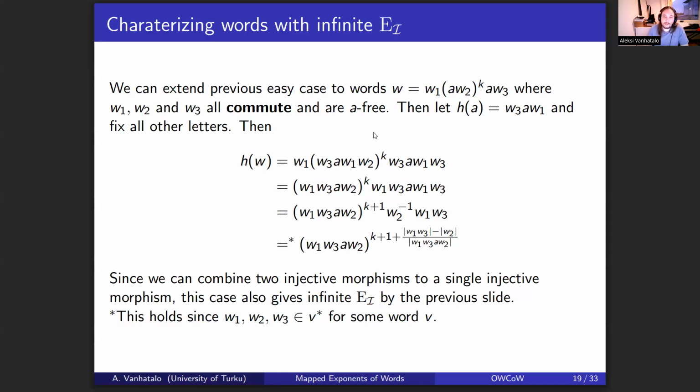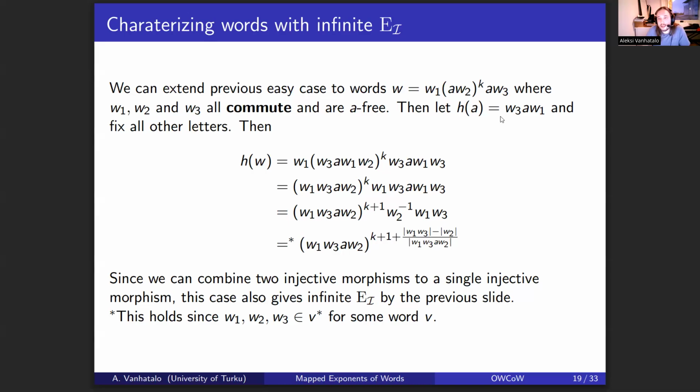And in this case, we can map this whole word W into something that is of the form of the previous slide. And obviously, we can combine injective morphisms into a single injective morphism. So if we get to some previous case, then we can go through and map it to arbitrarily large fractional exponents.